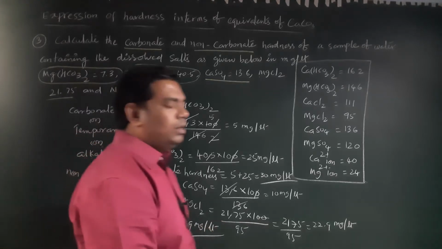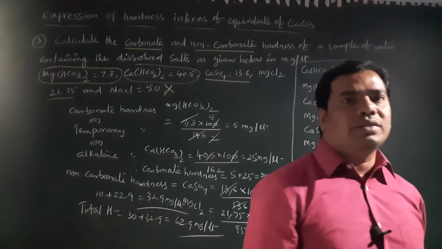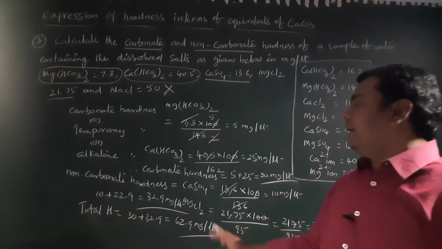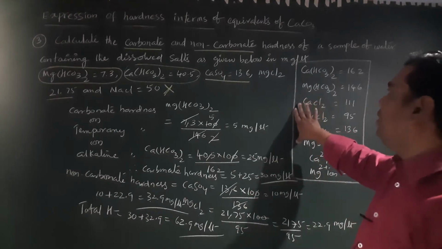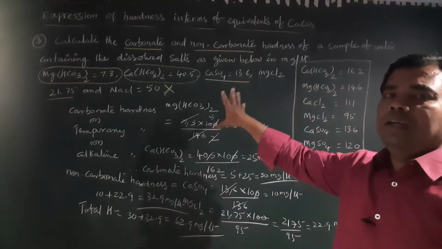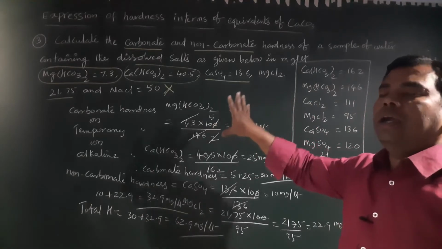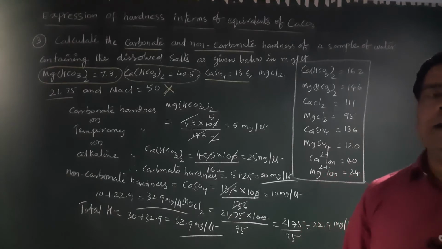So this is carbonate hardness and non-carbonate hardness. Please focus, student, on the molecular weight of these salts and use the formula. You can substitute the given data and you will get the total hardness, temporary hardness and permanent hardness.